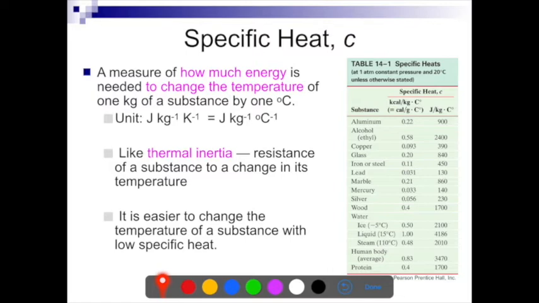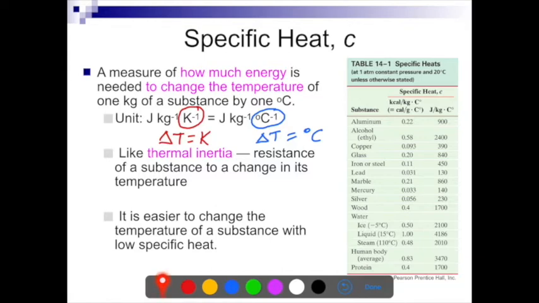So if the specific heat capacity was given in units of joules per kilogram per Kelvin, okay, then your change in temperature should be given in Kelvin. And if the specific heat capacity is given in units of degrees Celsius to the -1, then your unit for change in temperature should be given in degrees Celsius, so that we have consistent units all throughout the equation for Q is equal to mc delta T.